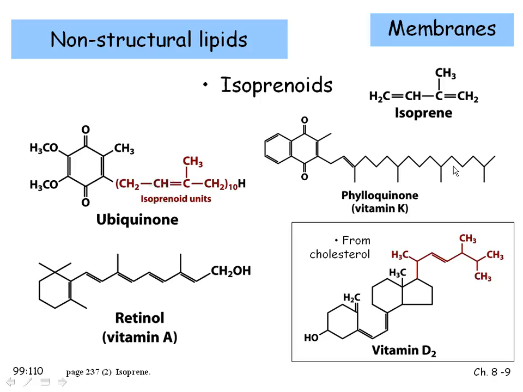Here's phylloquinone. You can hear this quinone part, but that's referring to the ring structure. It's not referring to the isoprene tail. Phylloquinone has, again, this isoprene tail. It's vitamin K and is needed to do the modifications that allow for clotting. It's called vitamin K because it was discovered by Germans, and Germans spell clotting with a K.